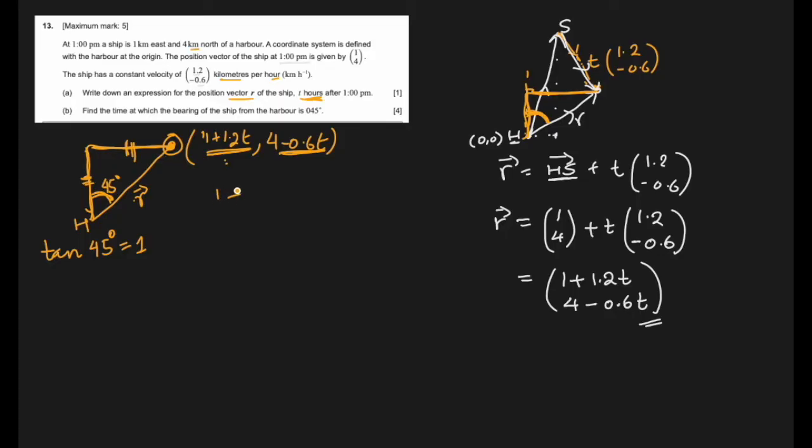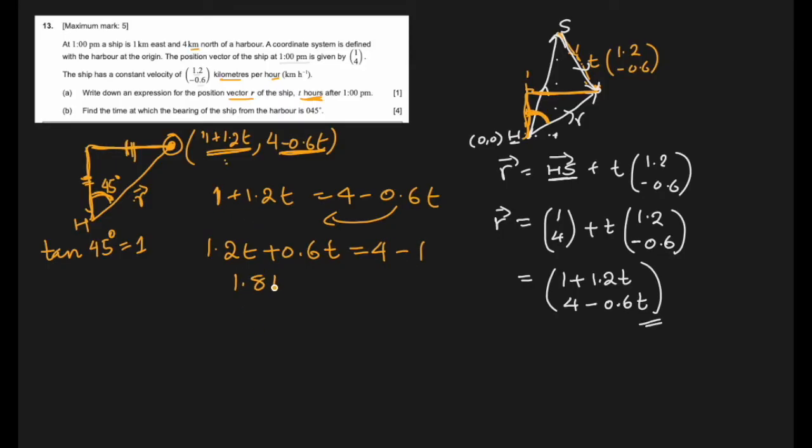So 1 plus 1.2t equals 4 minus 0.6t. Bringing terms over, 1.2t plus 0.6t equals 4 minus 1. So 1.8t equals 3, and t equals 3 divided by 1.8.